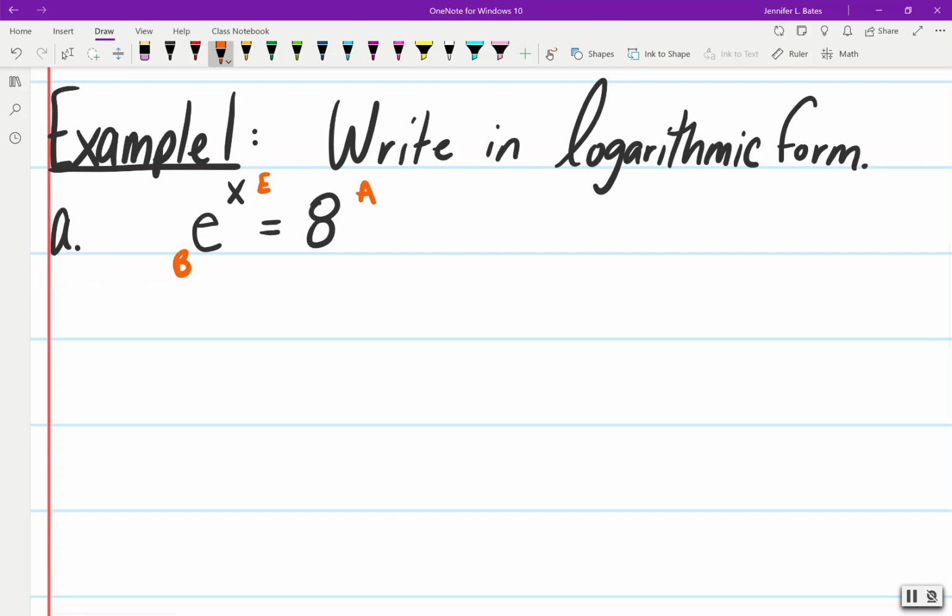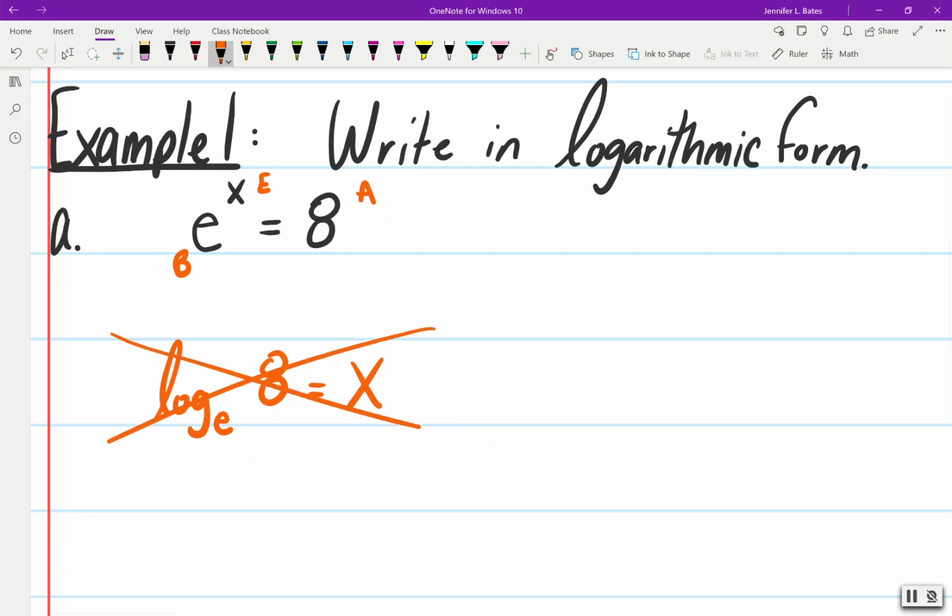And when we change this into log form, we're going to say log, and then we're going to change our letters to be B-A-E. So if I rewrite my letters as B-A-E, B, A, and E. Now, the only thing that's wrong with this is that we never ever write log base E. Log base E is called the natural log.